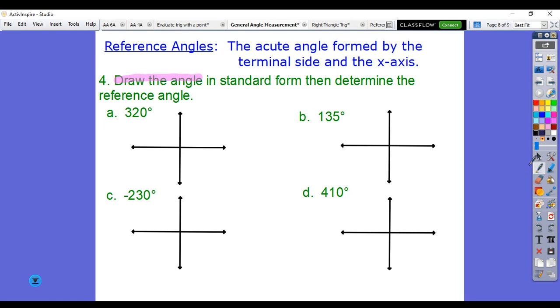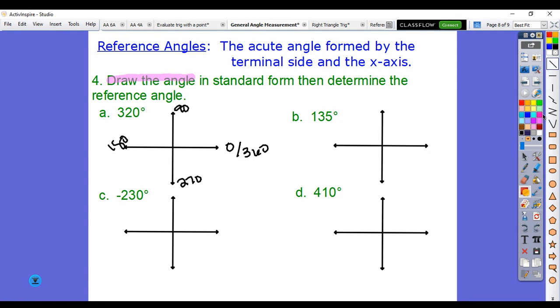Now, I'm going to go ahead and just label 0, 90, 180, 270, 360. If that helps, do that every time. We always start at 0. 320 is more than 90, more than 180, more than 270, but less than 360.